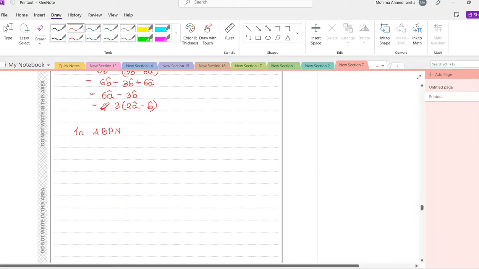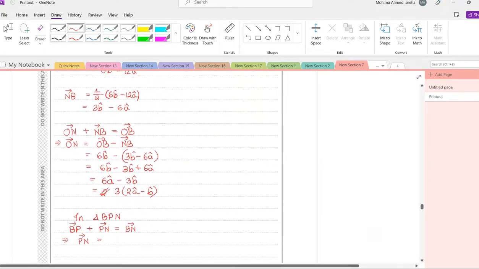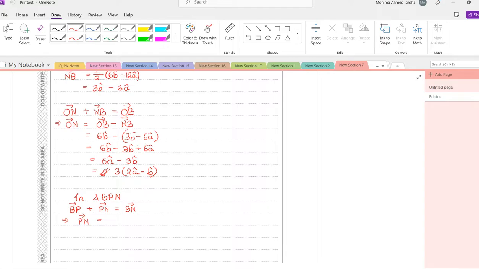Inside BPN, we are using BP plus PN equals BN. Now PN is the term that we actually need to find the value for. BN is the opposite of NB. Opposite of NB would mean that minus 6A would become positive 6A, and positive 3B would become negative 3B.